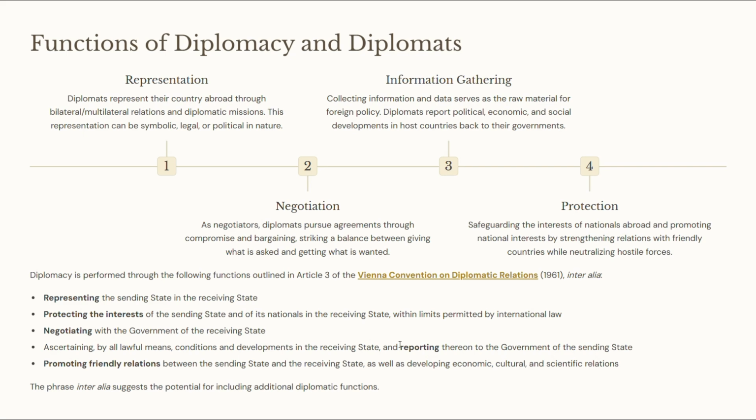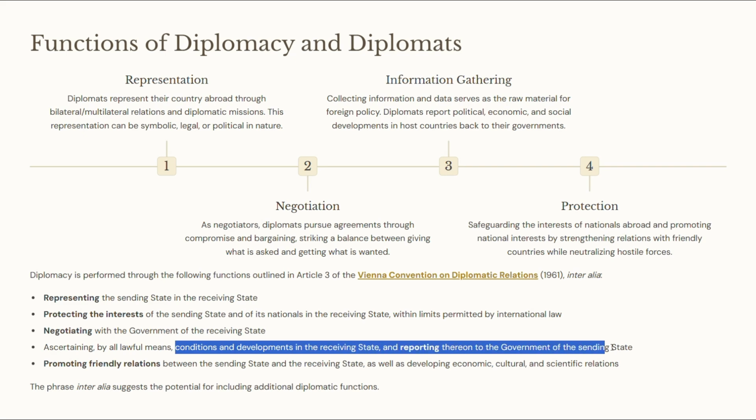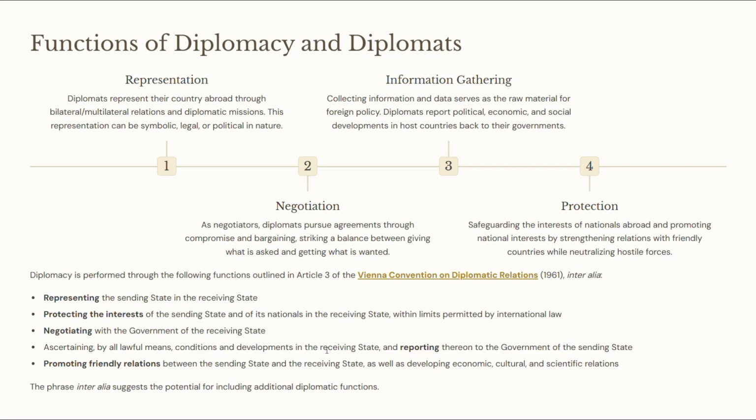This basically means you gather intelligence, you gather information and report it back to the headquarters, and promote friendly relations between the sending state and receiving state as well as developing economic, cultural and scientific relations. Now the phrase inter alia means there could be additional functions apart from these listed functions.